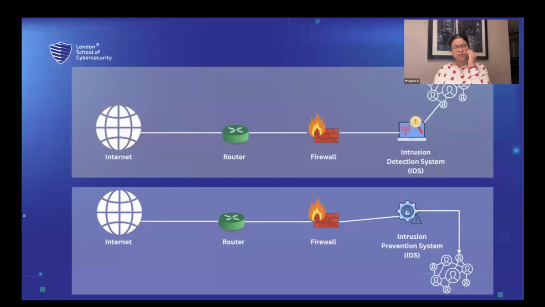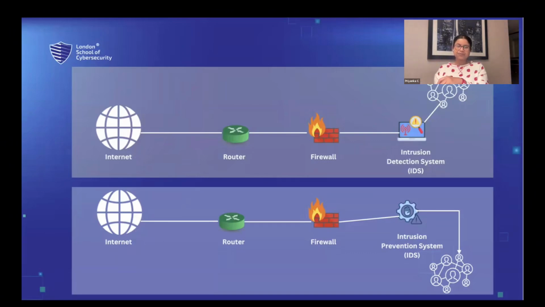If we start from the left side, we have the internet, where most of the resources that we use exist, the social medias of the world, the Googles of the world, and any external information. We are typically trying to protect our network from the external side. Obviously, we can flip the same concept internally and have firewalls, IDS and IPS even within the internal network, but this is where we will start.